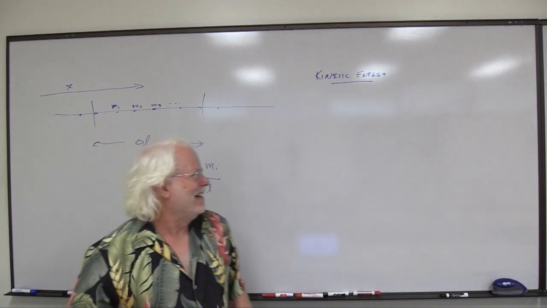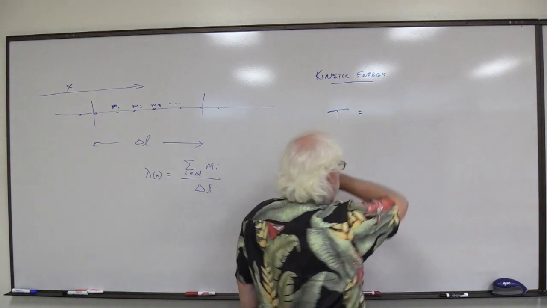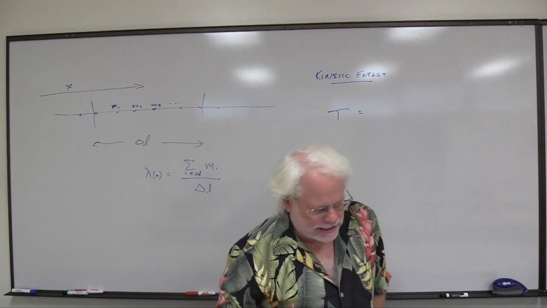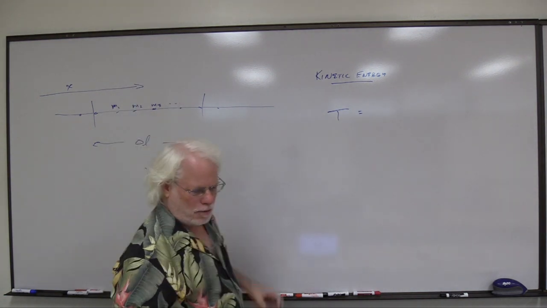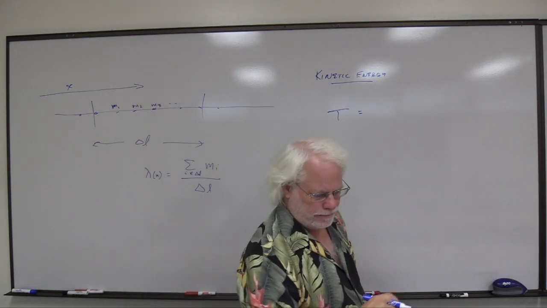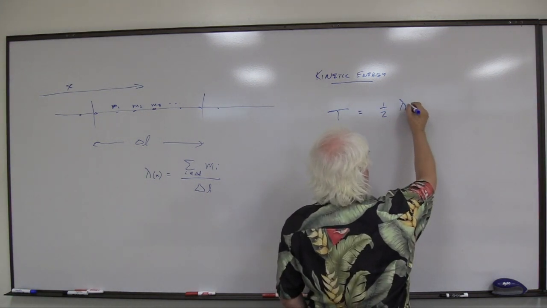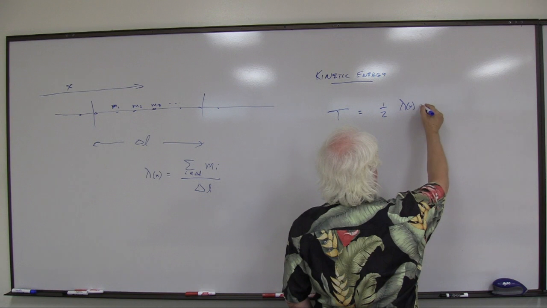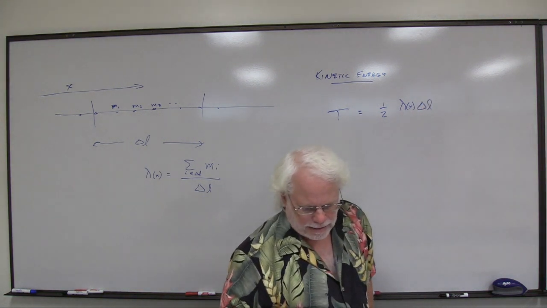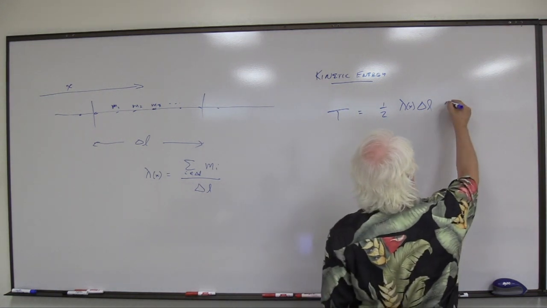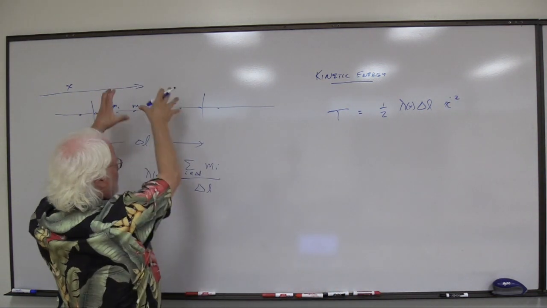I should go. The kinetic energy, and now this is the contribution of the kinetic energy of just this block of particles. It's going to be a half times the density times the delta L, which is the mass, times x dot squared, where x is this average position of that.